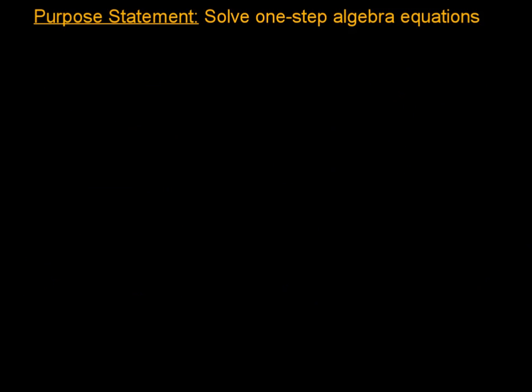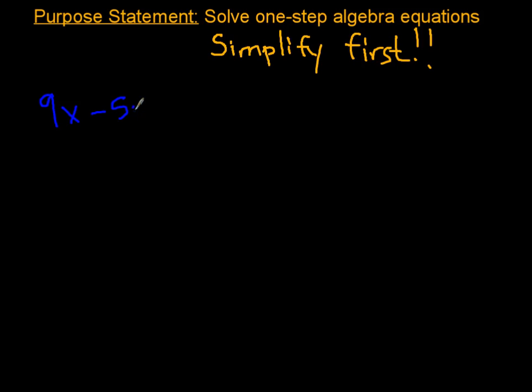Okay, a couple other examples that we did. We combined like terms. And the first step that you need to do is you need to simplify first. So I'm going to write that here. Now what that looks like is in a problem like this, where you have 9x minus 5x is equal to 24.